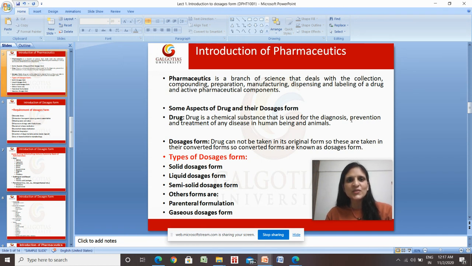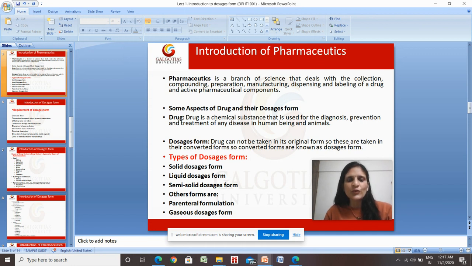Third one is treatment. Treatment means medication and therapy. So these are the measures by which we can protect ourselves from the disease. We can treat disease infections inside the body.